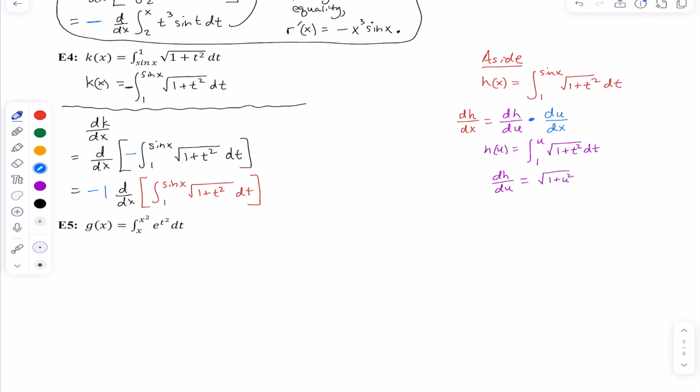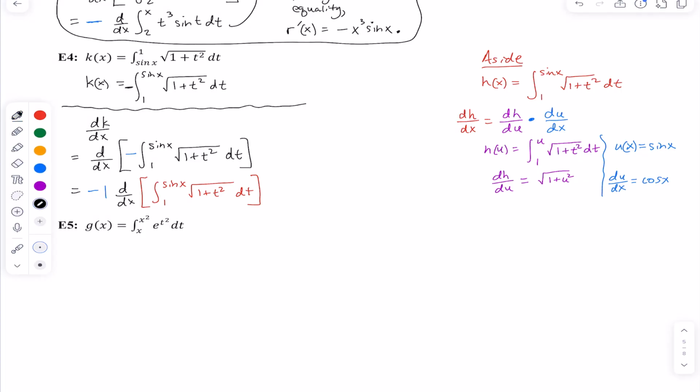Now, what is u of x? u of x is our inside function, also known as sine of x. So when you take the derivative of u with respect to x, you just get cosine of x.